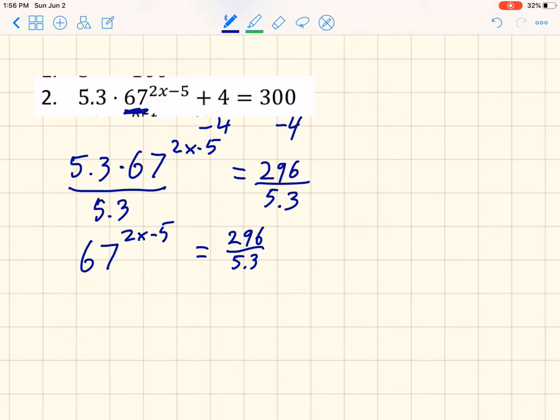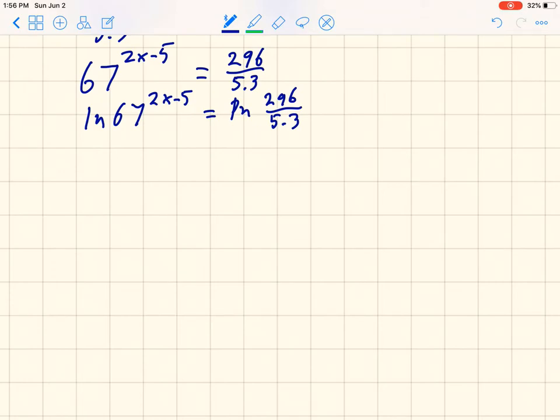So now I've got finally my 67, the base, isolated. So now is when I take the log of both sides. And I'm going to use natural log this time since that's what I keep accidentally writing anyways. And it really doesn't matter in this case. ln of 67 to the 2x minus 5 equals natural log of 296 over 5.3.